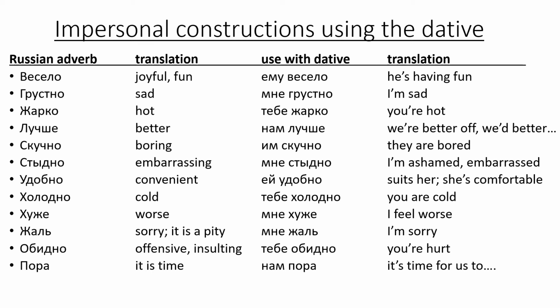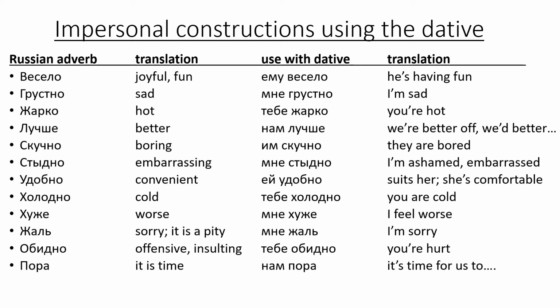Грустно, the T is silent. Грустно, and it means it is sad. When used with the dative, мне грустно, it means I am sad. Жарко, it is hot. Тебе жарко, you're hot, in the temperature sense. Лучше means better or it is better.